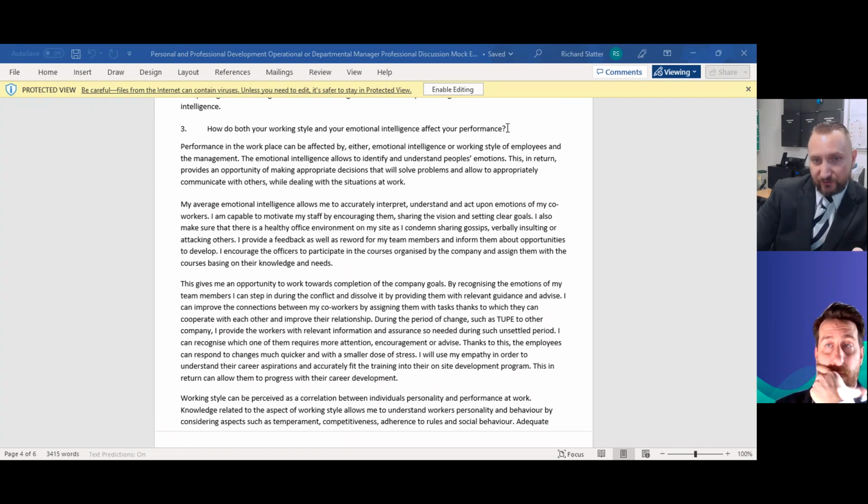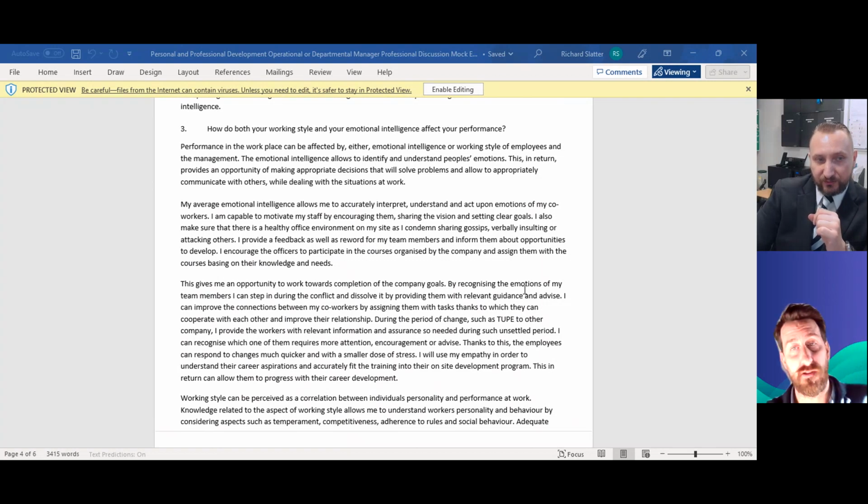During a period of change, such as a merger with another company, I provide the workers with relevant information and assurance, so needed during such an unsettled period. I can recognize which one of them requires more attention, encouragement, or advice.